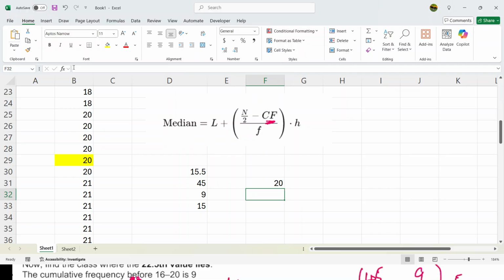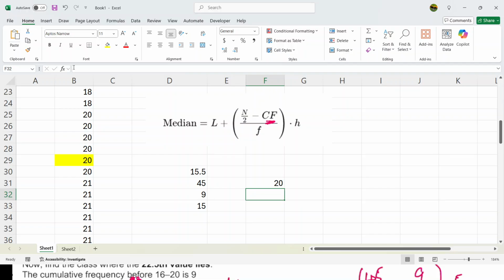Sorry, it's not symmetric because the median and the mean are not equal, because the mean was 18.89. Our median is 20. But the median we have arrived at is the one for grouped data. For the ungrouped data also, we have gotten a median of 20.